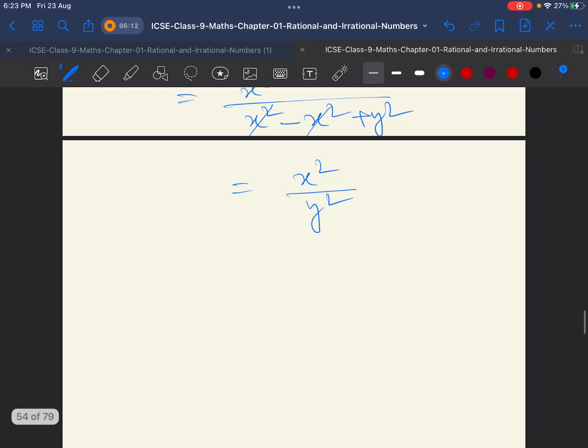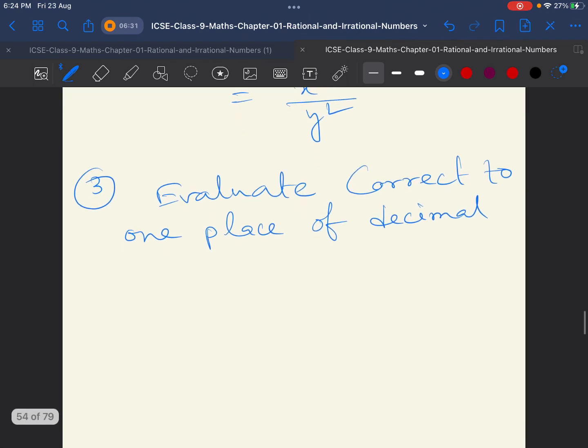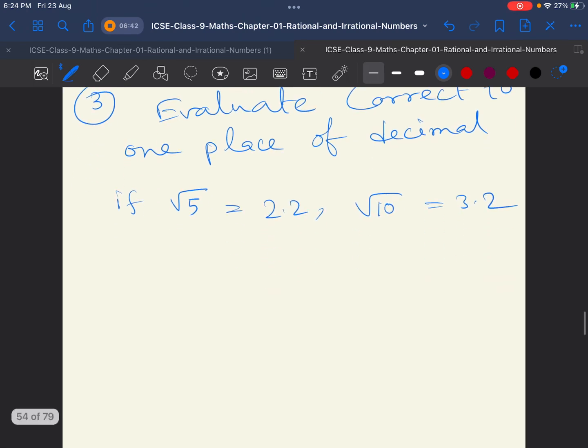Okay. Now question number 3. Evaluate correct to one place of decimal, if root 5 equals to 2.2 and root 10 equals to 3.2.